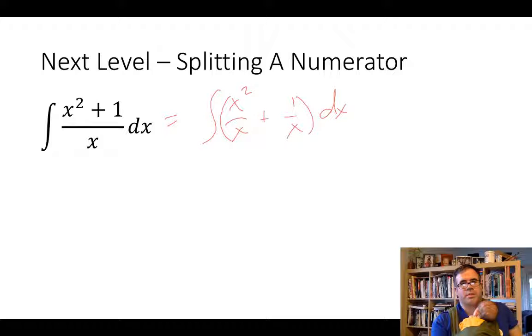This reduces to, of course, x plus 1 over x dx, and then once again we integrate term by term. So this becomes x squared over 2 plus the natural log of the absolute value of x, plus a constant.